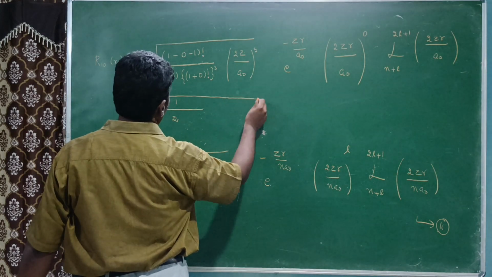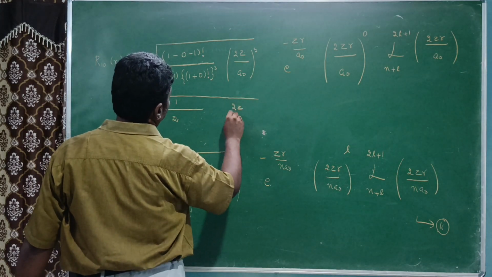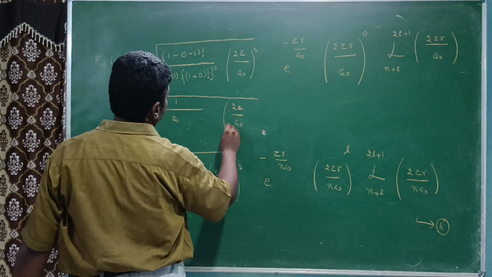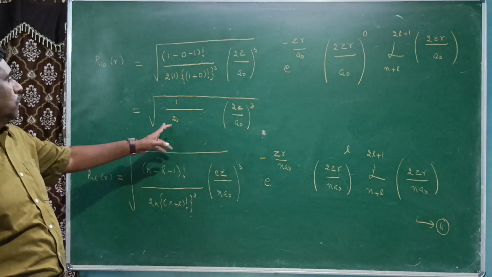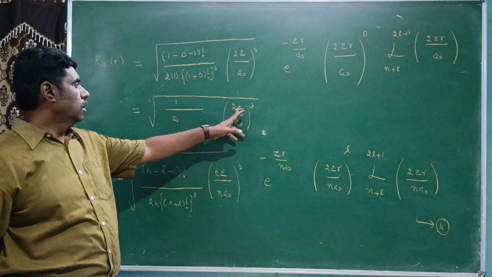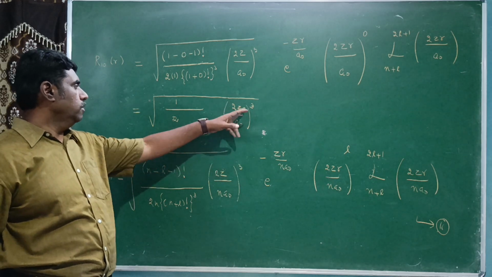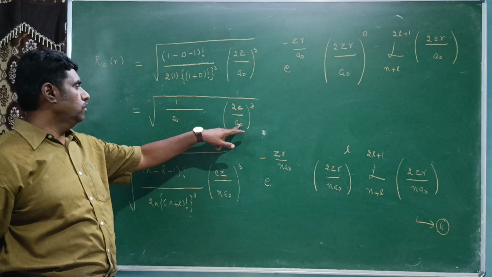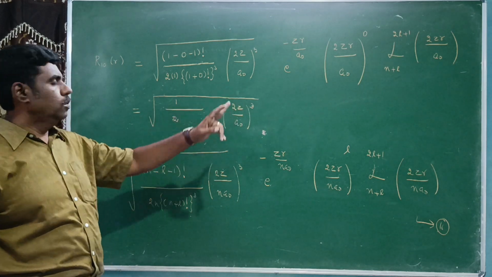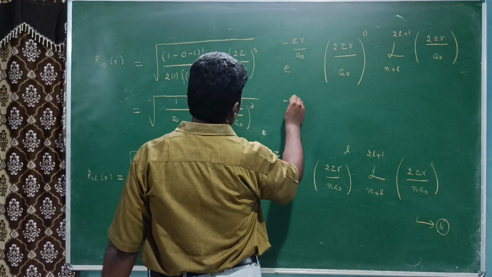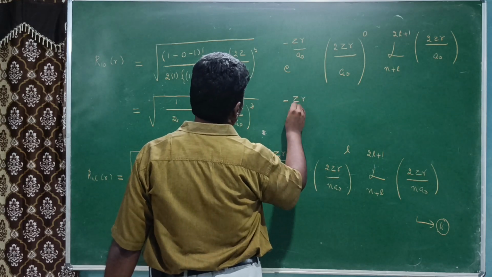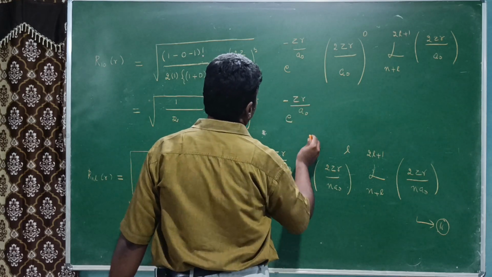Here 2Z divided by a0 whole cube, the root is, include covering this term also, 2Z divided by a0 cube root. Here e power minus Zr divided by a0.